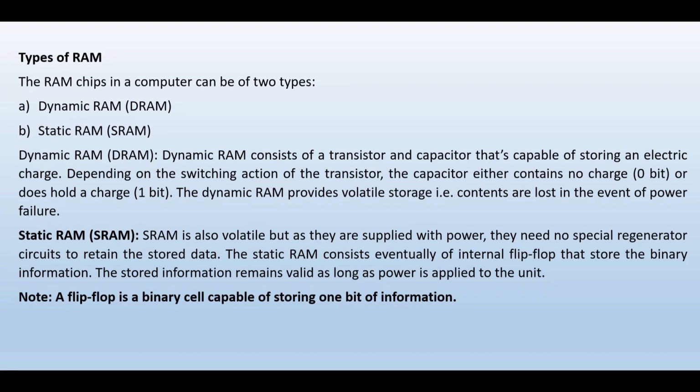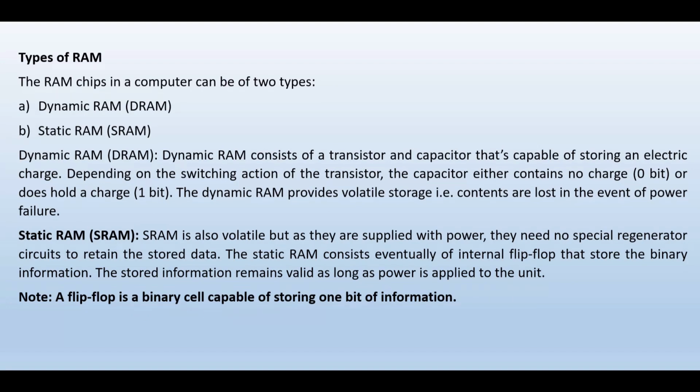The static RAM consists essentially of internal flip-flops that store the binary information. The stored information remains valid as long as power is supplied to the unit. A flip-flop is a binary cell capable of storing one bit of information.